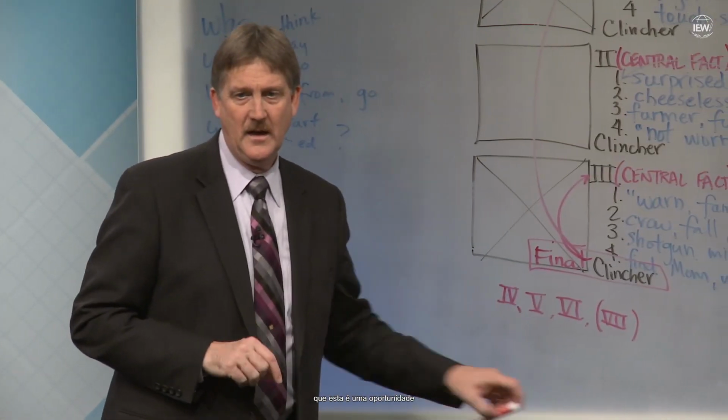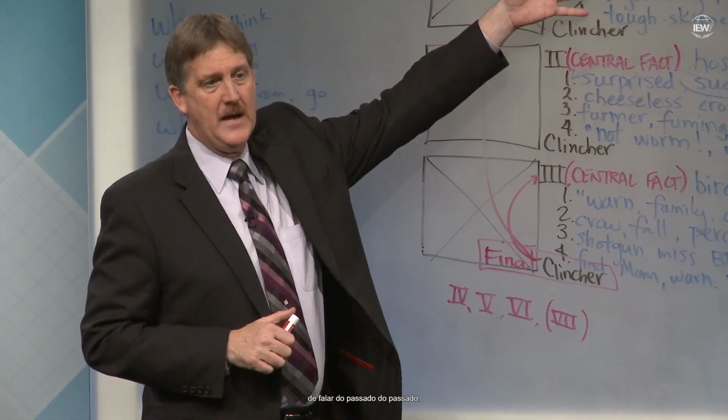And in English, this tense construction is usually with the word had, right? I had eaten. I had been. I had hoped, right? So, if you want to, you can point out to the kids that this is a little bit of an opportunity to tell the past of the past.